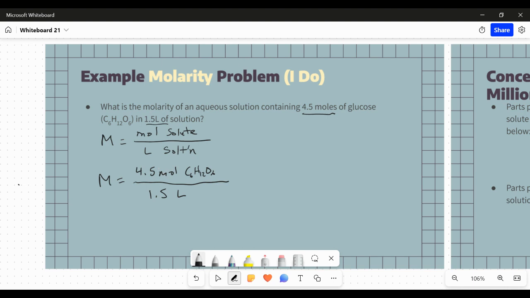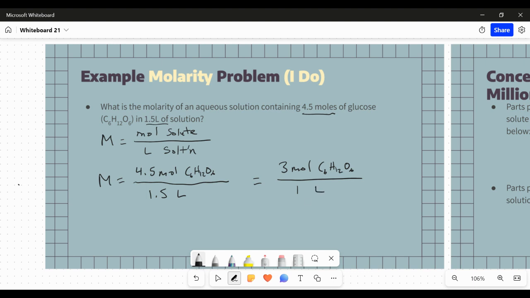Now, if I plug this into a calculator, I'm going to get this is equal to 3 moles of glucose, C6H12O6, over 1 liter. Okay.